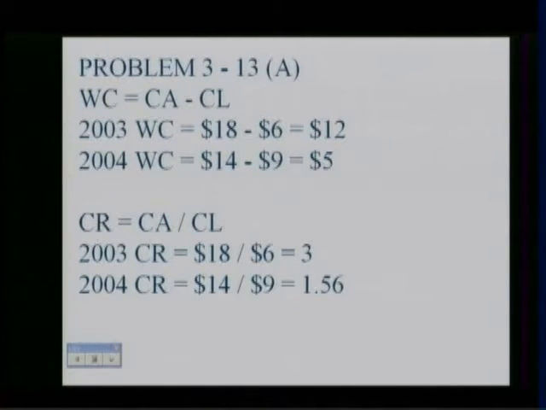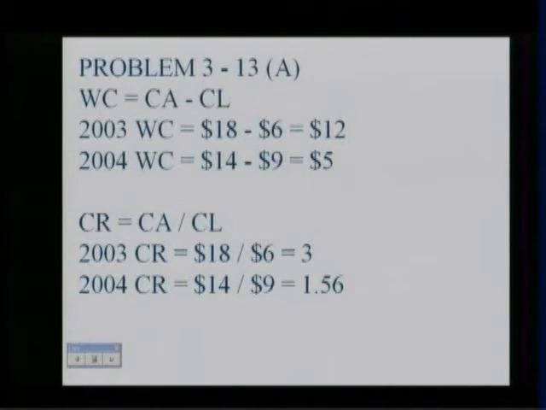To compute the current ratio, you simply take those same numbers and divide them. For 2003, you take 18 divided by 6, you get 3. That's a pretty strong current ratio. Then in 2004, you take your 14 and divide it by 9. You get a much smaller current ratio in 2004 at 1.56.